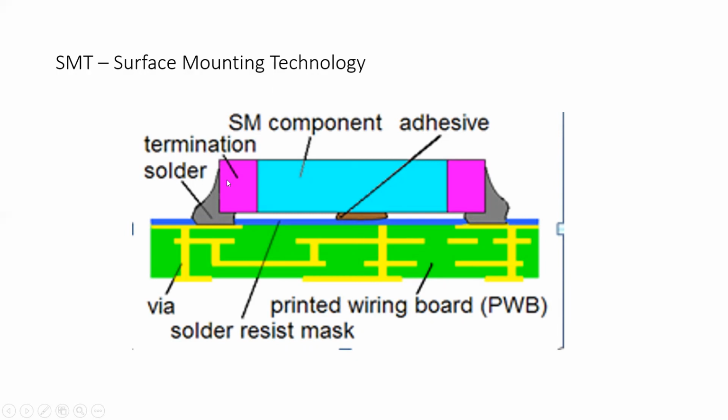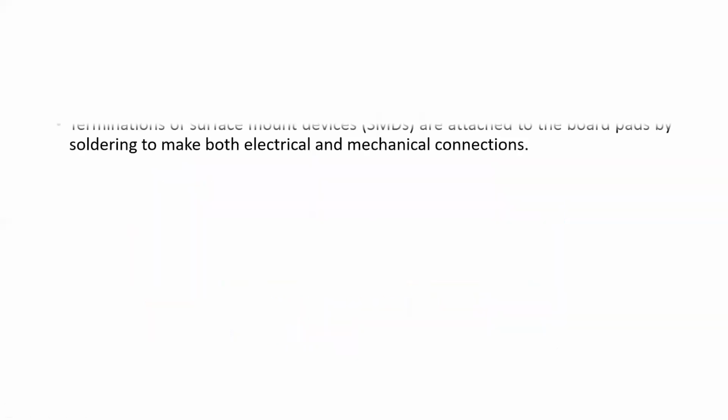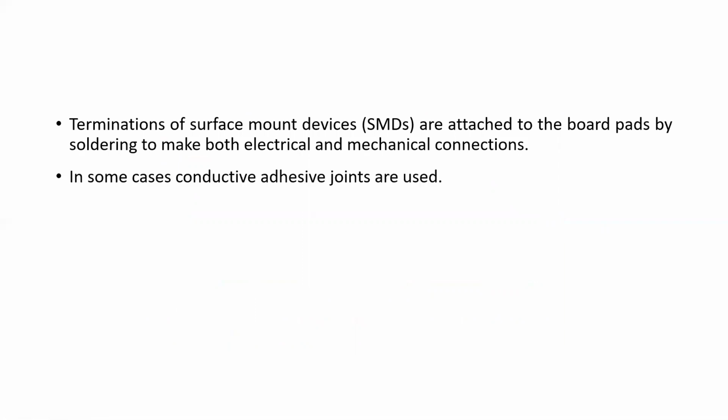This is the termination, this one is the solder, and this is the adhesive. Terminations of surface mount devices, SMDs, are attached to the board pads by soldering to make both electrical and mechanical connections. In some cases, conductive adhesive joints are used.